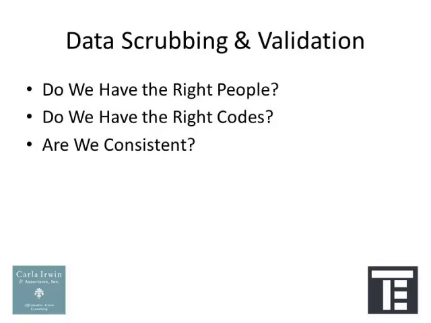And in addition to having the right people and the right codes, it's important to look at whether or not you're consistent. Specifically with applicant flow, you want consistent use of screening techniques, educational requirements, and skill requirements.